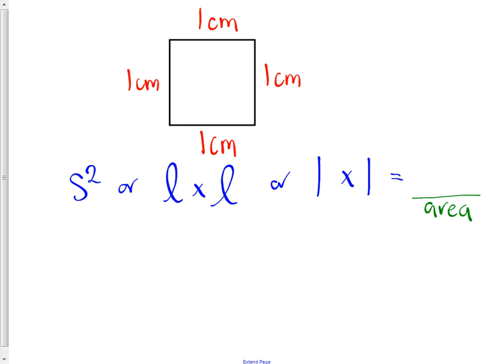And when we're talking about the area, there's two things that we have to have. A, we have to have a number, which in this situation would be 1. And B, we have to have a unit of measurement, which in this example would be centimeters. Now, centimeters, of course, has to be squared because we found the area, which means it has 2 dimensions.